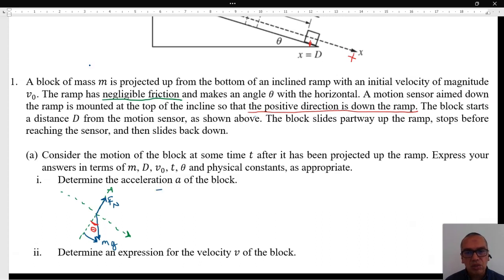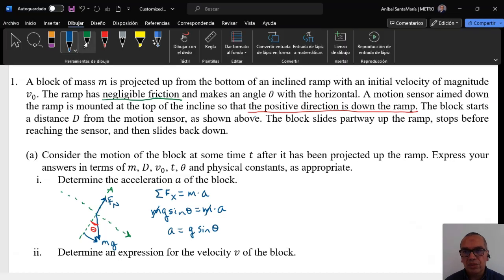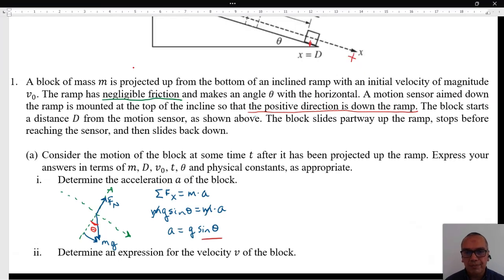By taking Newton's second law, we have that the net force along the x-axis is equal to mass times acceleration, and the only force acting there is the x component, which is mg sine of theta, because the angle is opposite to that component. And so of course masses cancel out, and the acceleration is equal to the constant value g sine of theta, and that is the answer that we are looking for.